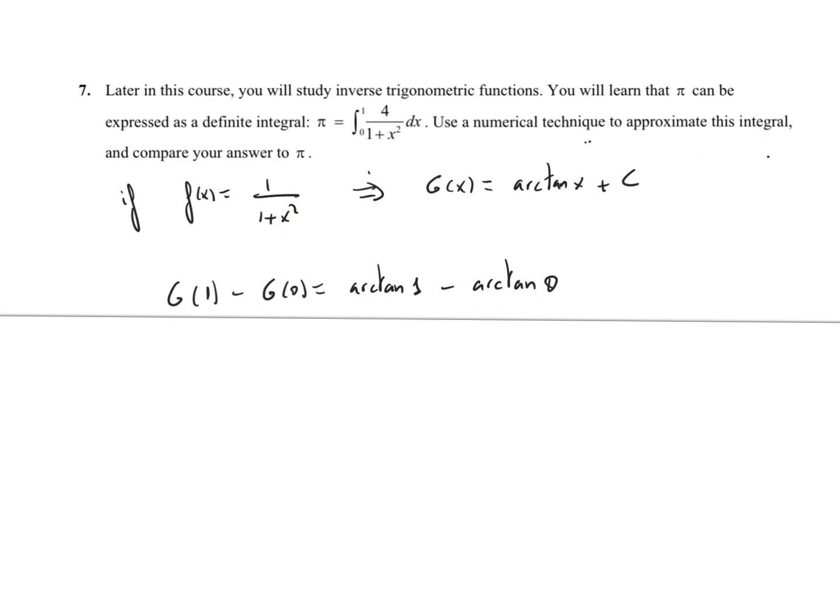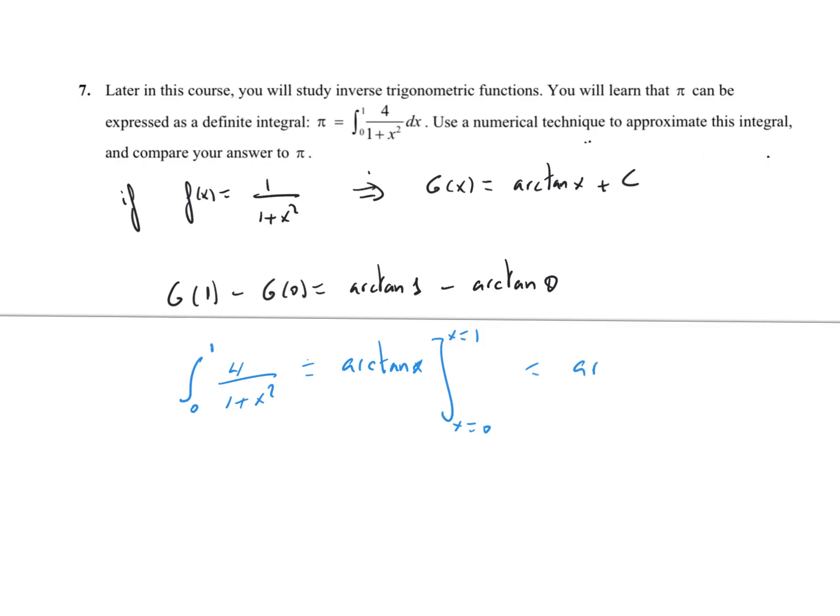So if we apply the fundamental theorem of calculus, we will find that the integral from x equals 0 to x equals 1 of 1 over 1 plus x squared is arctangent of x evaluated between x equals 0 and x equals 1.